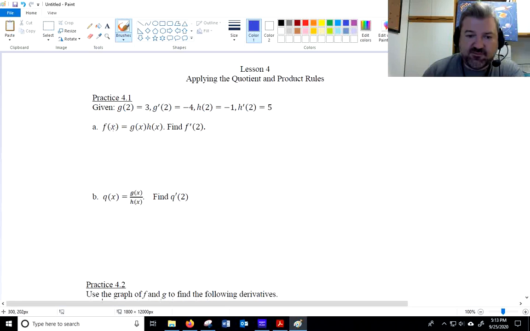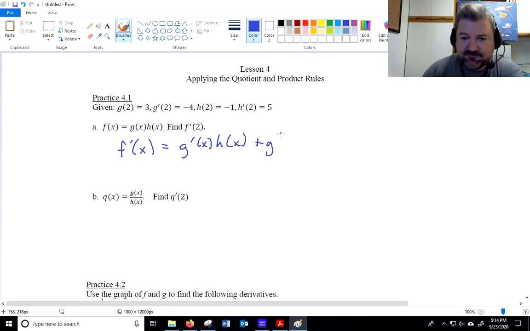All right, well, we're given that f of x is g of x times h of x, and we want to find f prime of 2. So I find f prime of x and then plug in 2. What is f prime of x? Derivative of the first times the second plus the first times derivative of the second. Now let's plug in 2 for x.